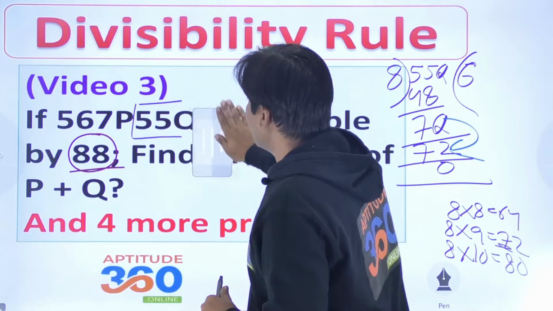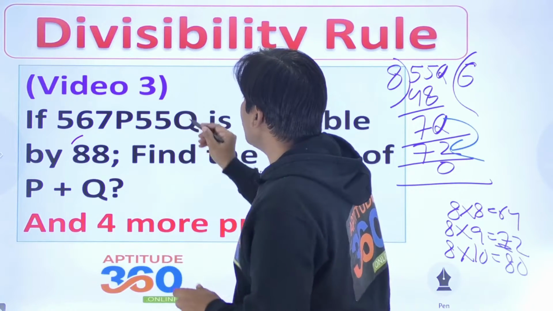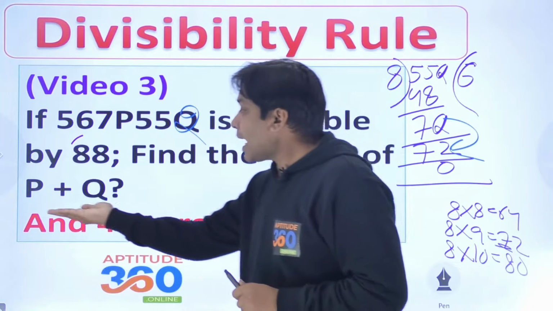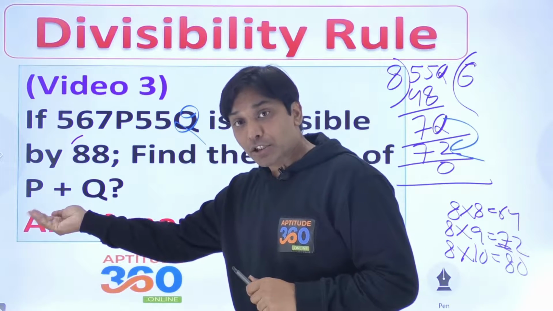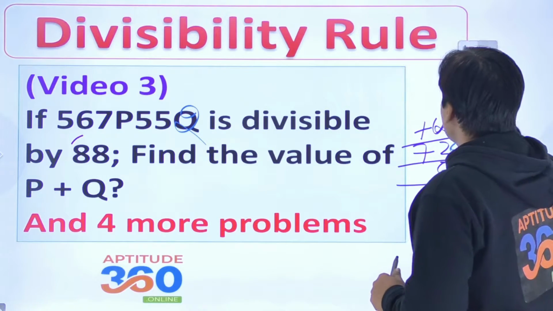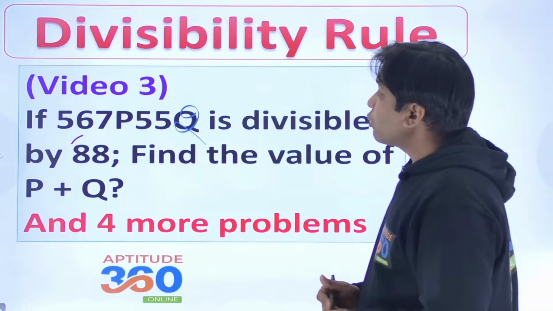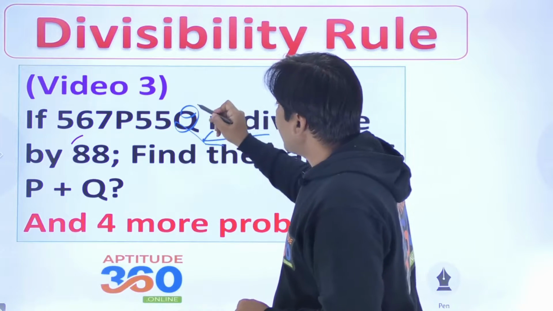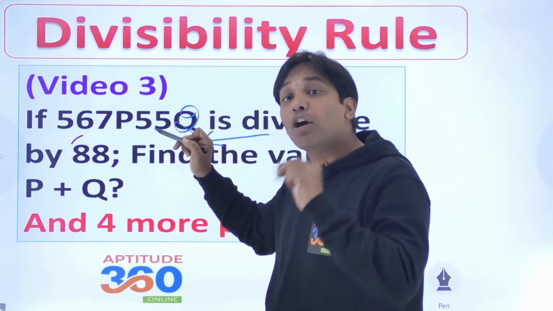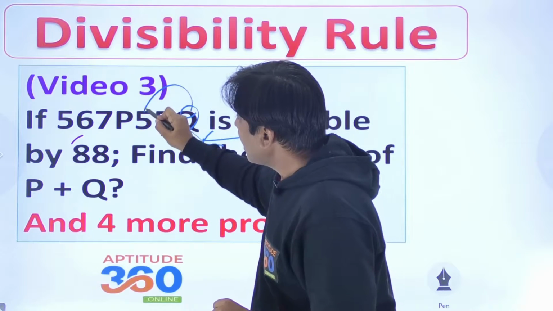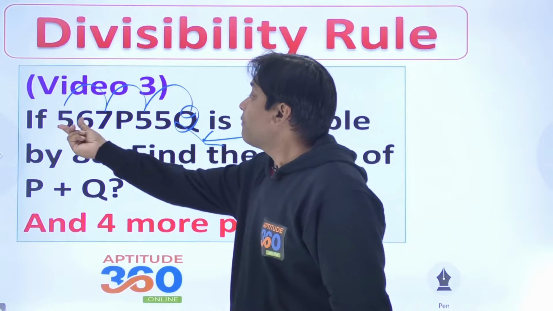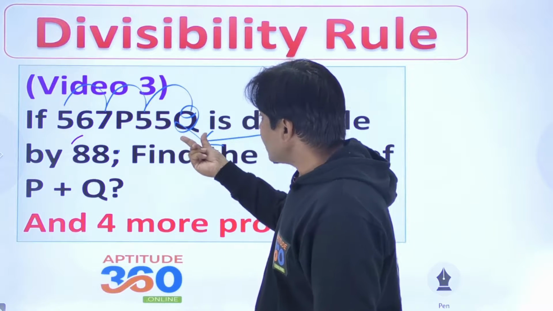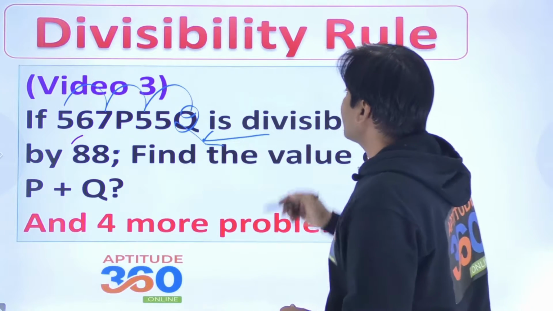Now if you understand this, I say that the value of q out here should be nothing but 2. And the problem is asking us to find out the sum of p plus q, right? और अगर हमारे को सम निकालना है तो हम क्या करेंगे? We start from here and then we take the sum of digits at odd places, which is this, this and this. So 5 plus 7 is 12, 12 plus 5 is 17, plus now q is 2, it is going to be nothing but 19.